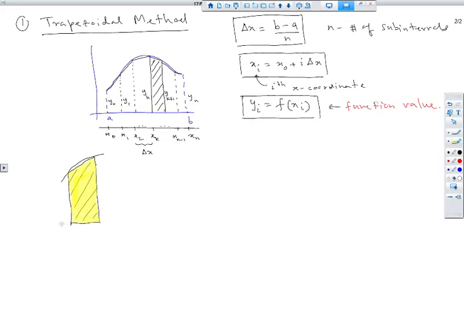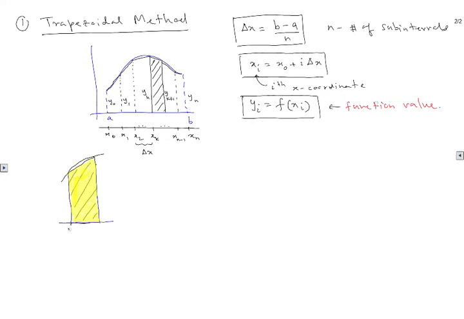So this is the kth one. We have xk, and then xk plus 1. This is yk, this is y k plus 1, and this gap is delta x because we divided them equally. You don't have to do that, but you can.